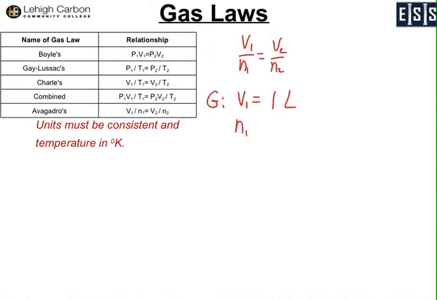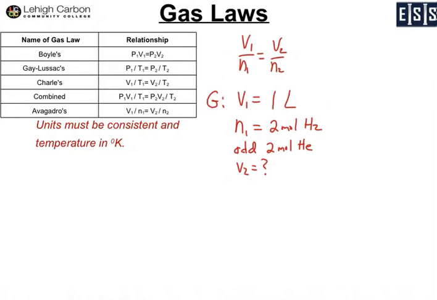And what you begin with is 2 moles of hydrogen. Then the problem would tell you that you're going to add 2 moles of helium into that balloon, and it asks what is the resultant change in volume.